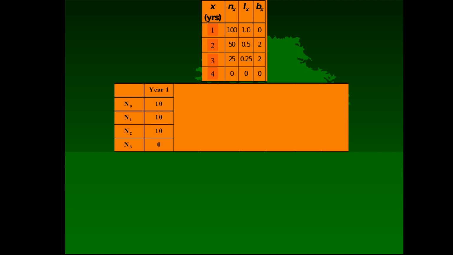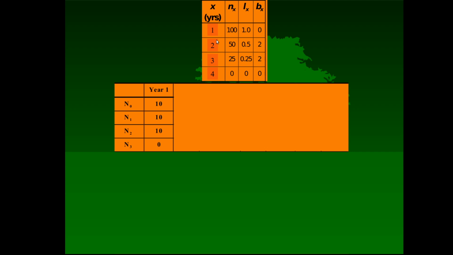Okay, and the generation time for this example turns out to be 1.3 years. So what is lambda per year? It is the 1.3 root of 1.5, which turns out to be 1.4 per year. So for this life table at the stable age distribution, we expect that each year the population should increase by a factor of 1.4.